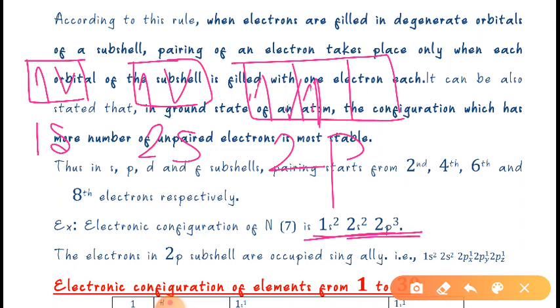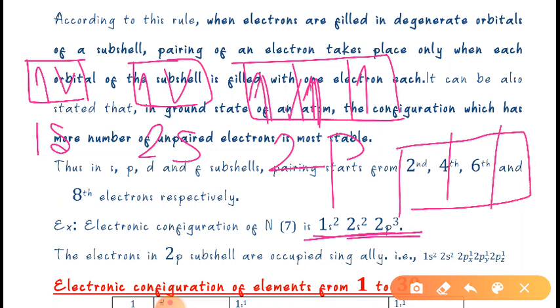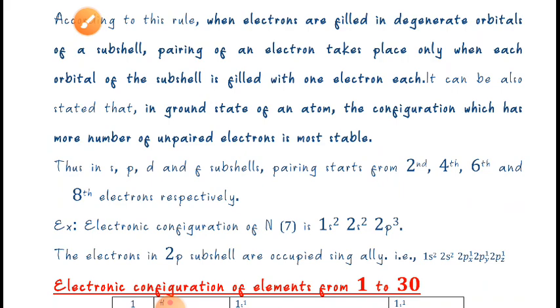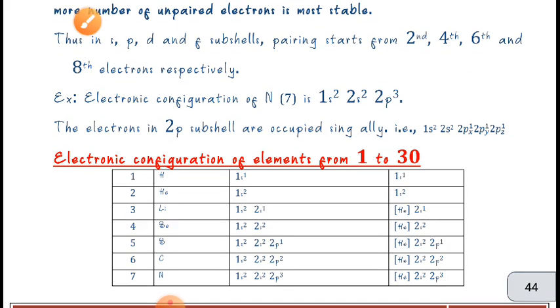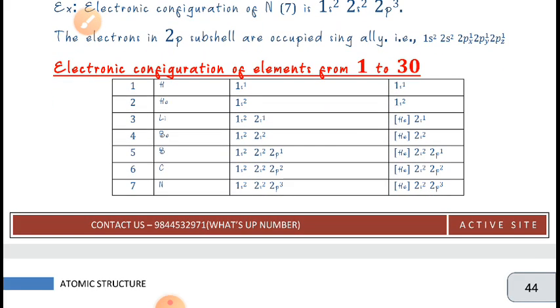According to Hund's rule, we can't fill like that. While filling electrons in any subshell, pairing of electrons will not occur until and unless all the orbitals are half filled. As you can see, all the orbitals are half filled first, after it we will fill the double, right? So this was the simple example.